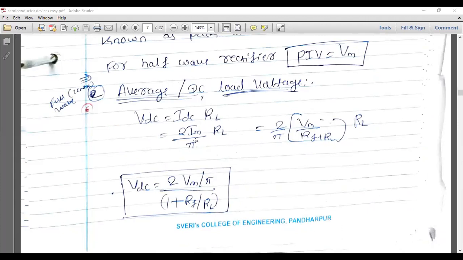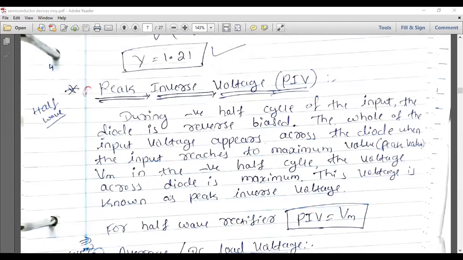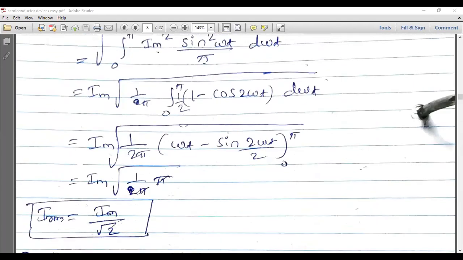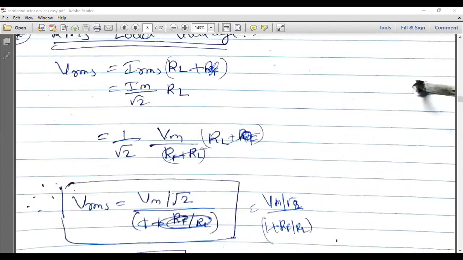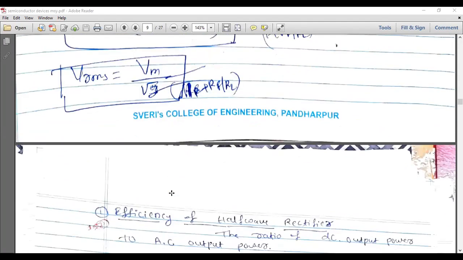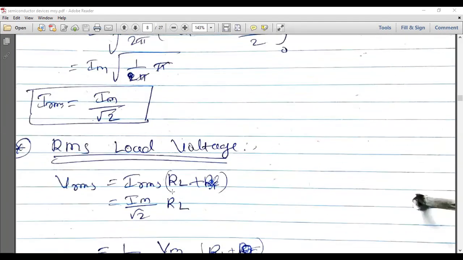So IDC equals 2 IM by pi. How did we get this? For the half wave, where did you calculate the IDC value? We calculated the RMS load current, and IDC for full wave.